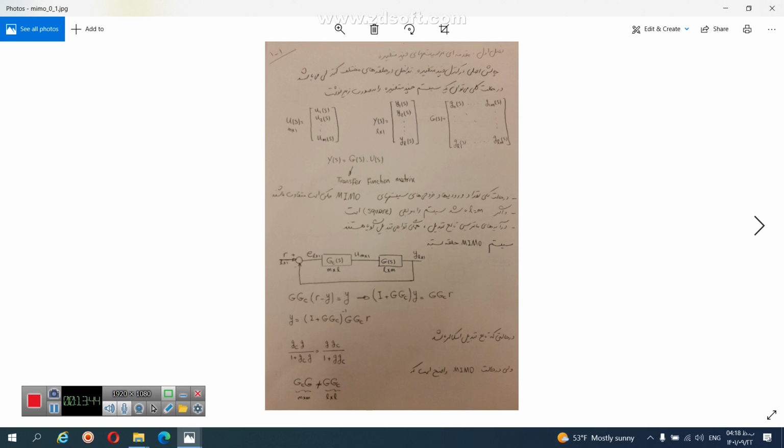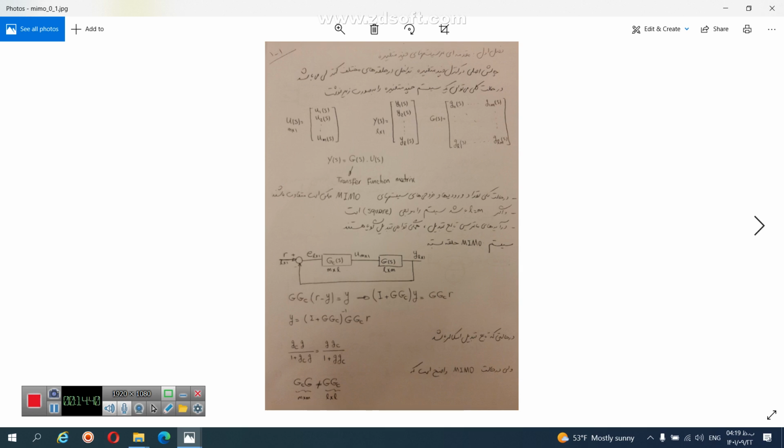What about this? This is my way. G, the dimension of G is L, M, the dimension of L is M, L. How we can find the closed loop system?